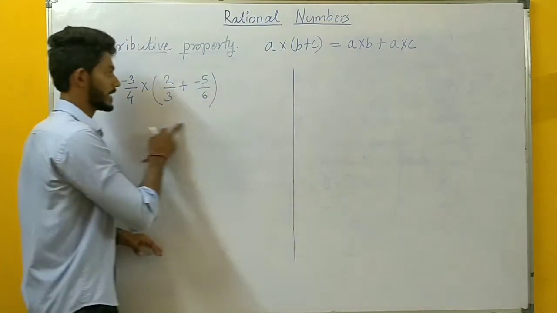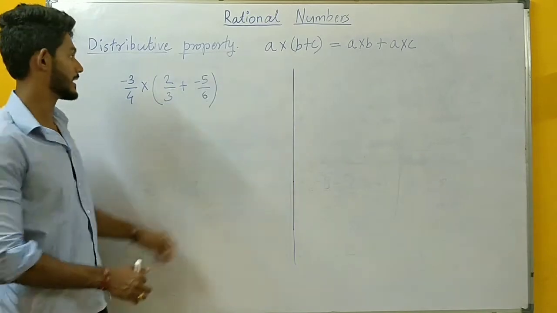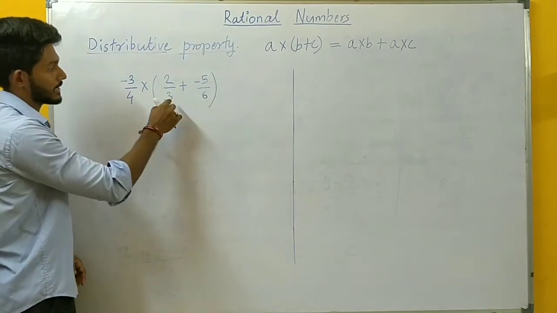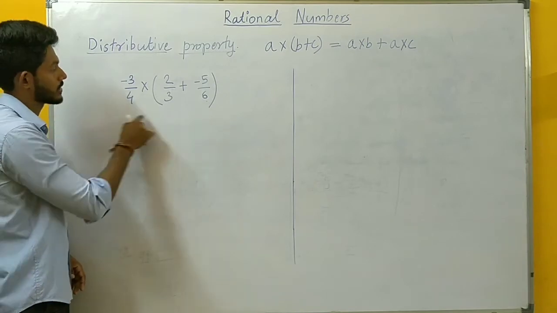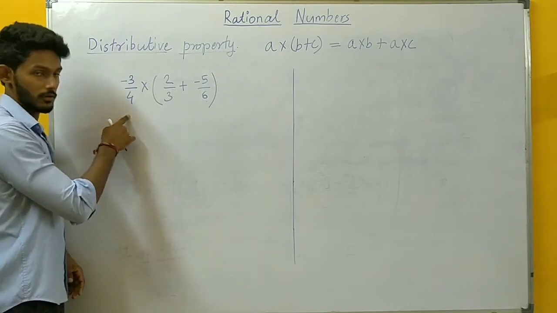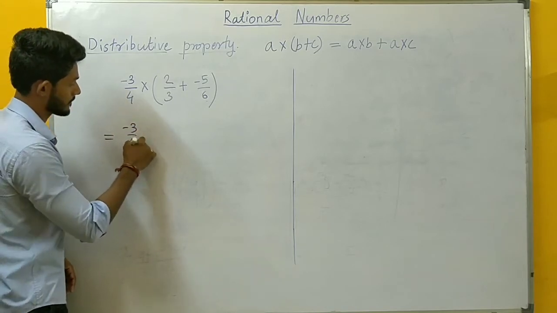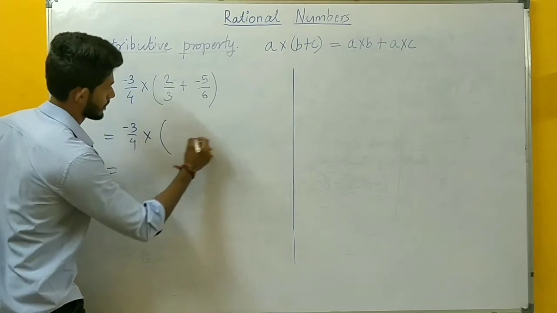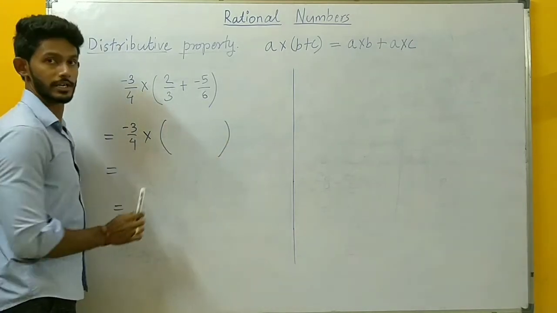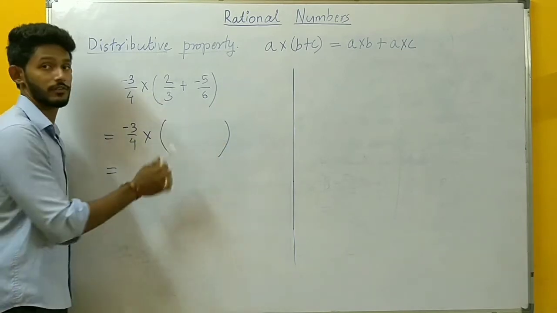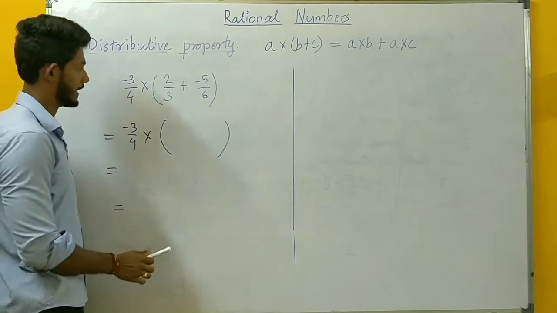Let's solve this. First we will solve according to our LHS. That is, we will add these two rational numbers and then multiply the answer with negative 3 by 4. I write negative 3 by 4 as it is, multiplied by the sum. While adding we should have a common denominator. Here we have different denominators, so we will find the LCM of these two numbers and then add.